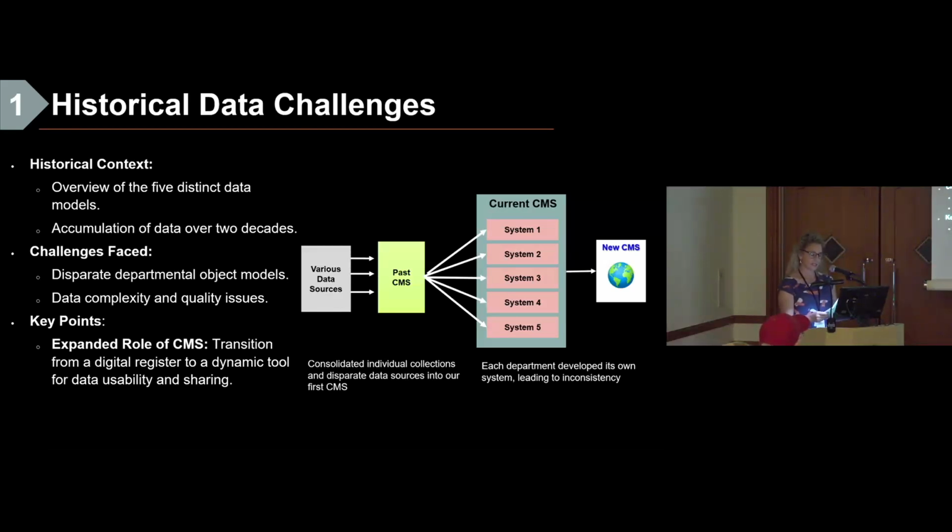Fields representing the same concepts were named differently across departments, making it difficult to manage the data consistently. What was intended to be a unified system became fragmented, with each department using it in its own unique way. Over the years, we've made some considerable efforts to harmonize these fields, improving the data with each iteration.